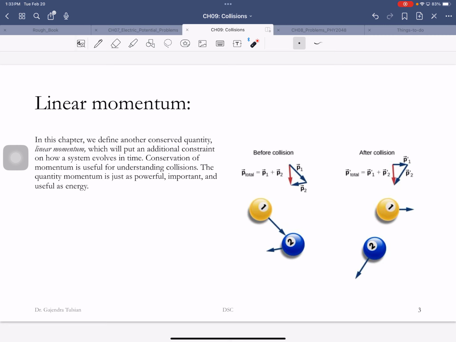In this chapter, we define another conserved quantity, linear momentum, which puts an additional constraint on how a system evolves in time. Conservation of momentum is useful for understanding collisions. Momentum is just as powerful, important, and useful as energy.